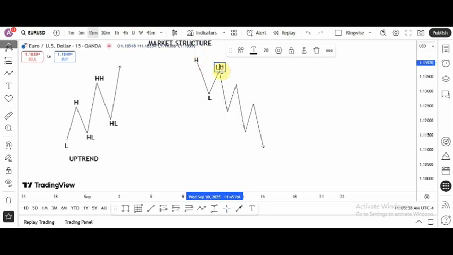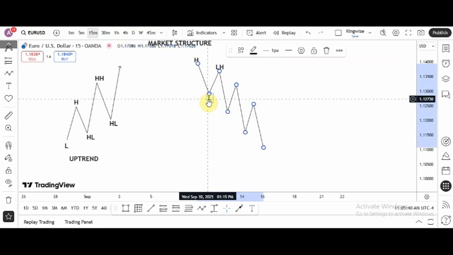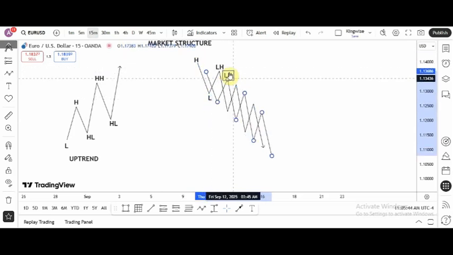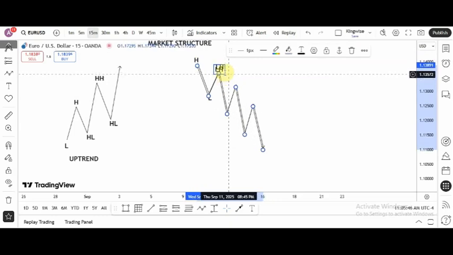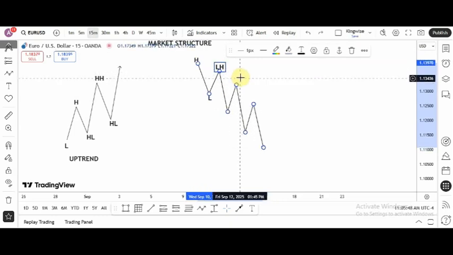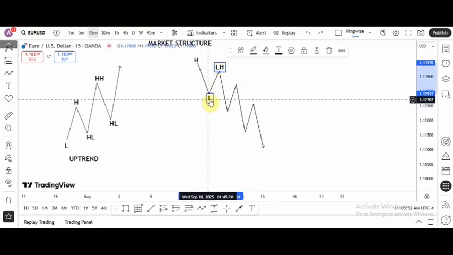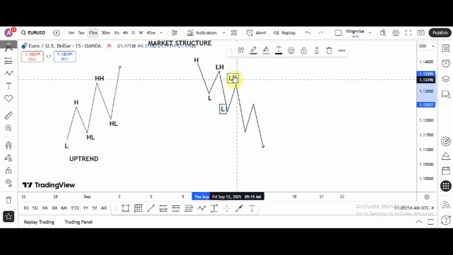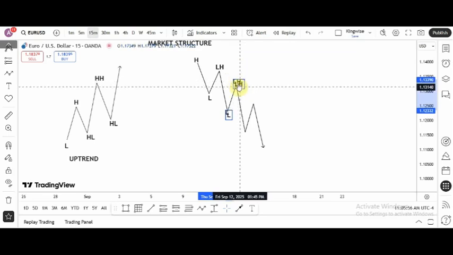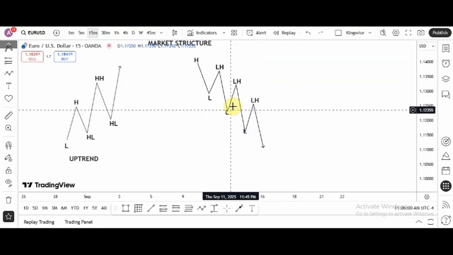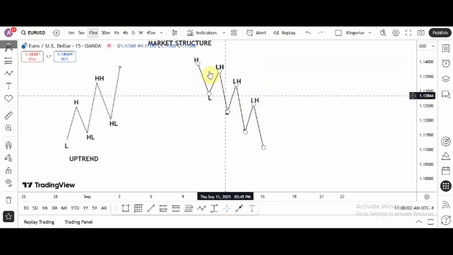Now, after that, we see price replicate the same thing over and over again.